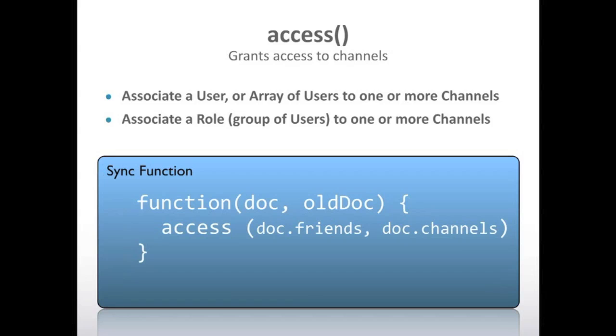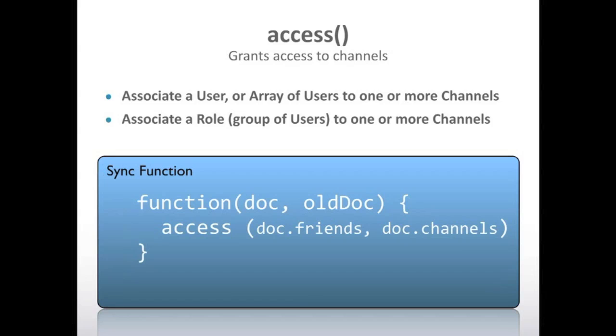In the sync function, you only have one sync function, so you're going to have all these calls in a single sync function. But I'm describing and displaying them individually so you can understand them one at a time.